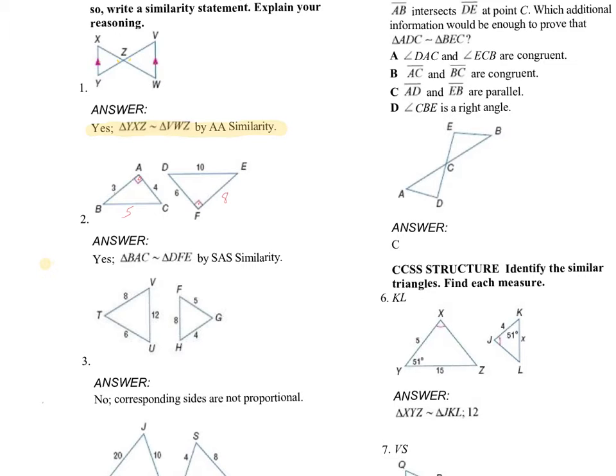So if we look here, we have 3 to 6, which gives us a 1/2, and then we would have 4 to 8, which gives us a 1/2, and then 5 to 10, which gives us a 1/2. And so then you can see that our answer is that yes, they are similar.